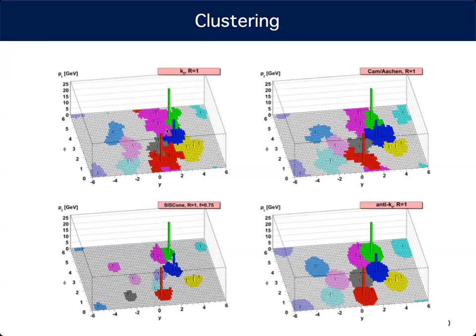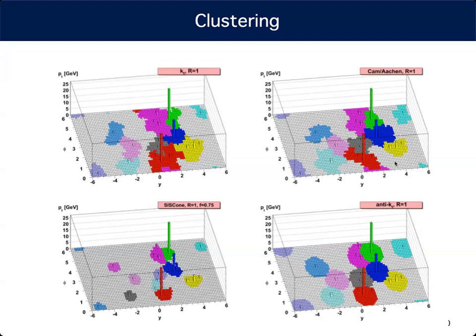However, if you look at them, they're not circular. They look like blobs, like you shot a paintball at something and there's just a big splat. This is for n equal to 1. This is for n equal to 0, called the Cambridge-Aachen algorithm. It still has the same problem as KT, where the jets are spread out and don't have well-defined boundaries.